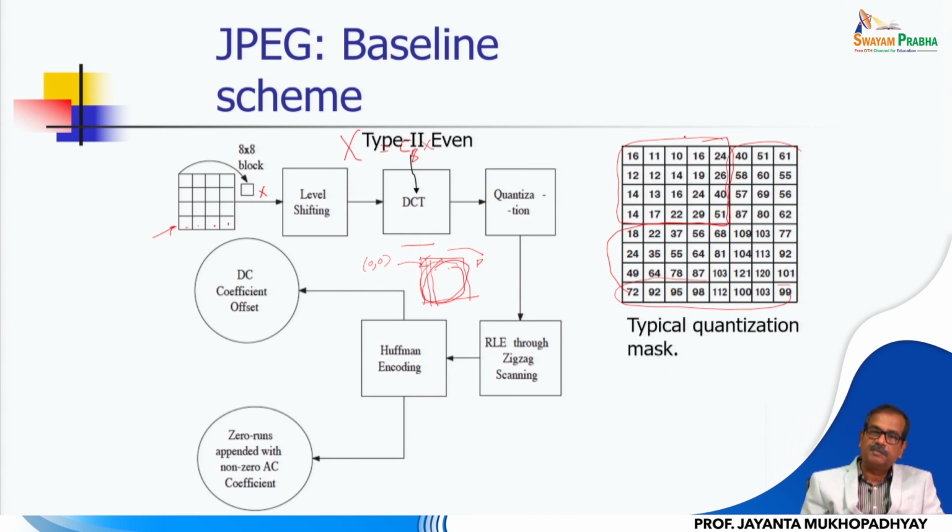The row number and column number denote the respective normalized frequency components, so the lower the value, the lower the frequency. In this half you can see that these values are quite small. Now, there is a standard model. The international standards body has suggested such quantization masks. There could be a few such masks; I have just considered one of the most representative ones, which is widely used.